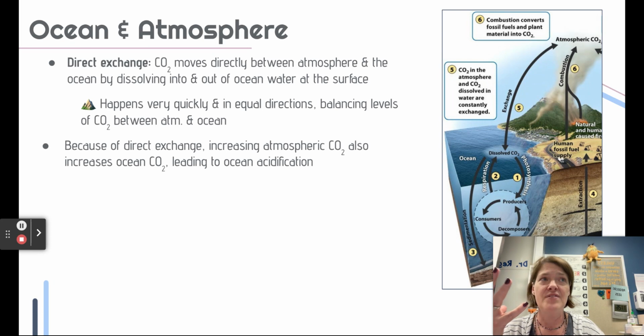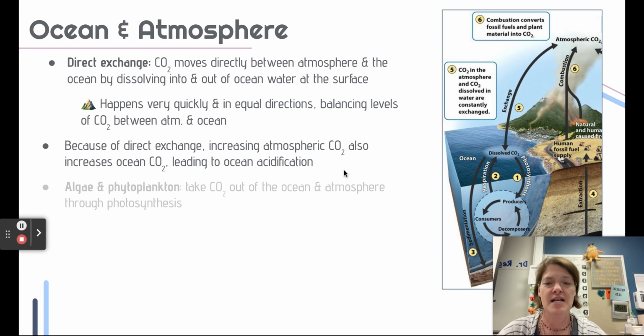Because we have this carbon dioxide gas going into and mixing with H2O, it creates a solution called carbonic acid. And that carbonic acid is causing the pH of the oceans to decrease, or we get a lower pH on the pH scale. And that's very, very harmful to the organisms that live there.